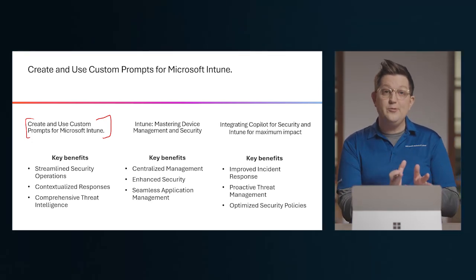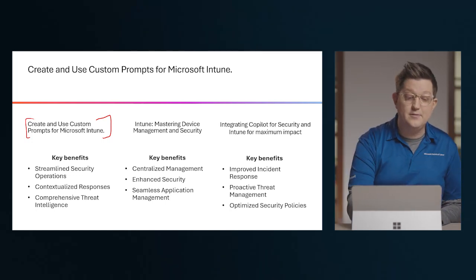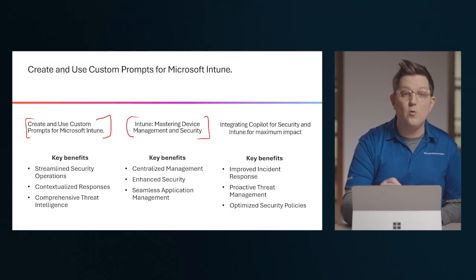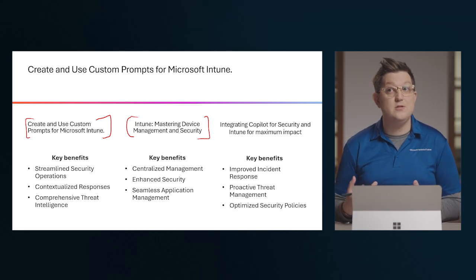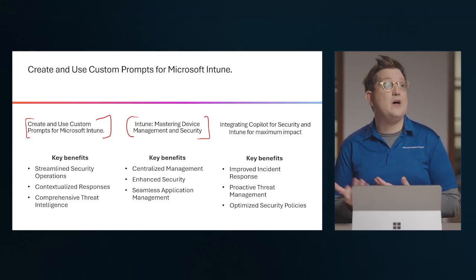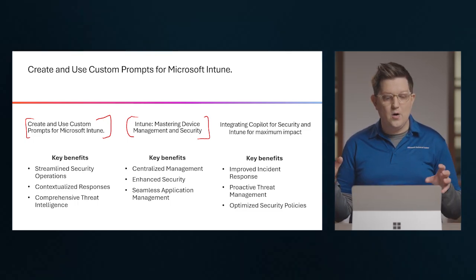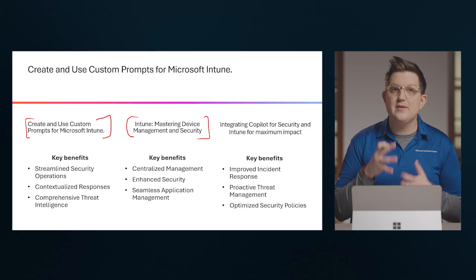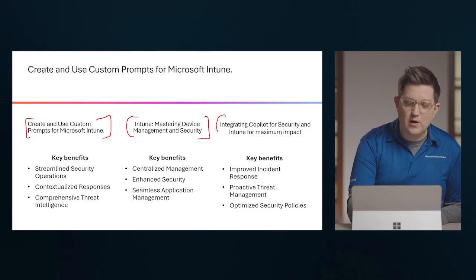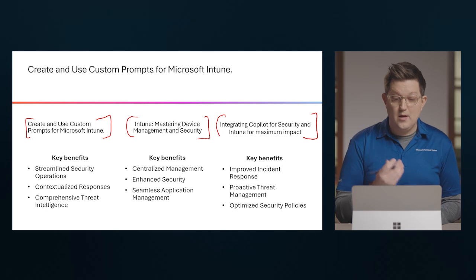If we take the custom prompting engine that we have within Copilot and combine it with all of the things that we get out of Intune, the ability to manage devices of multiple types, to group and organize and ensure compliance, all of that information comes together to give you the best possible impact through integration.